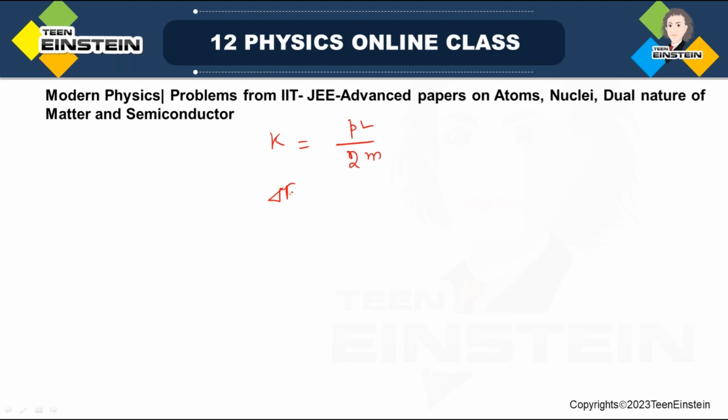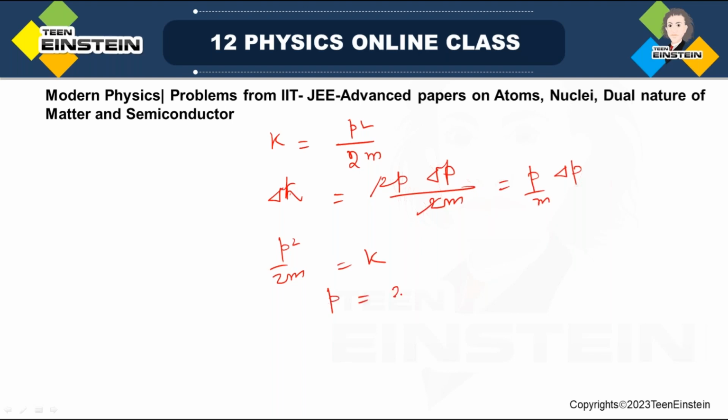Now let us do one thing. Let us take the change in the kinetic energy. So 2p dp by 2m, which is p dp by m. Again, we know p squared by 2m is equal to kinetic energy. So in terms of kinetic energy, p will be root over 2mK.